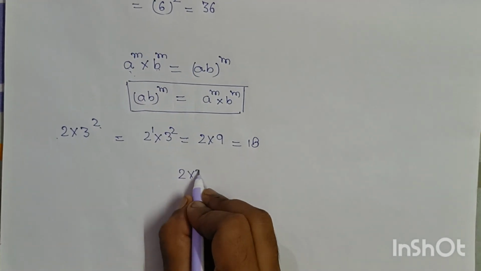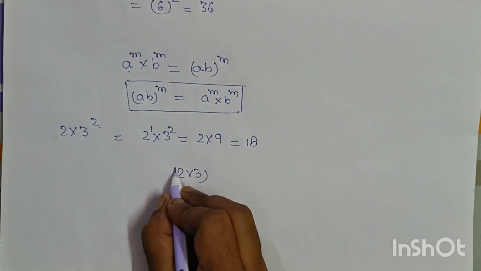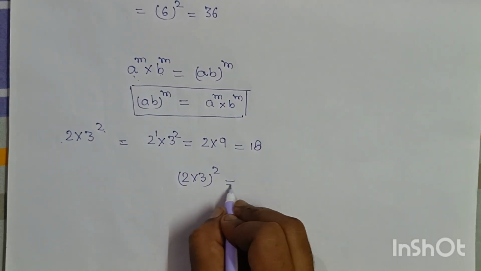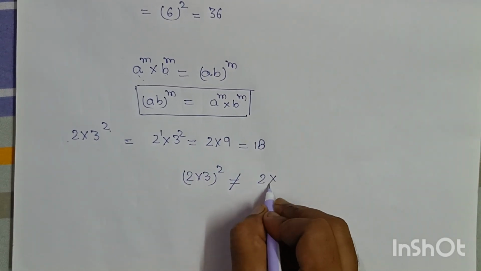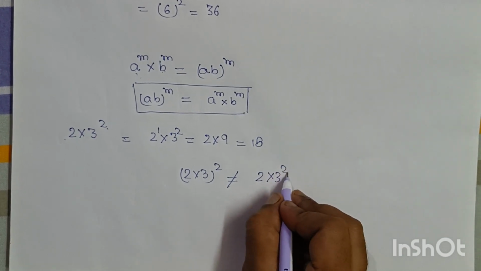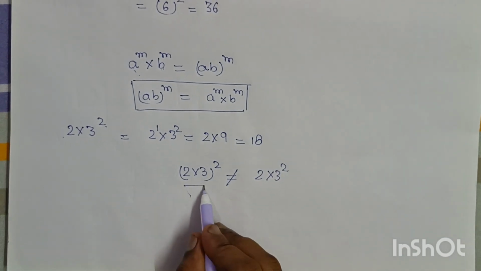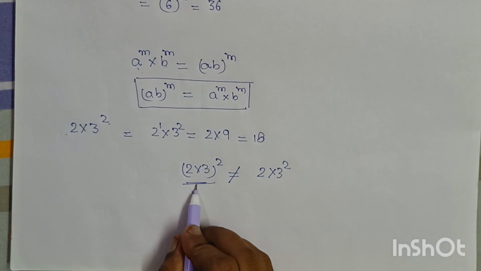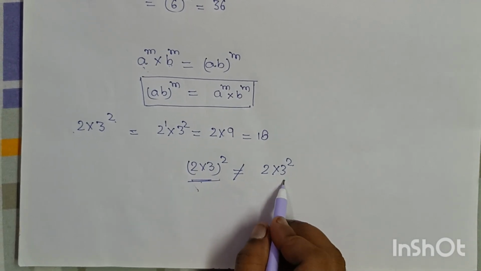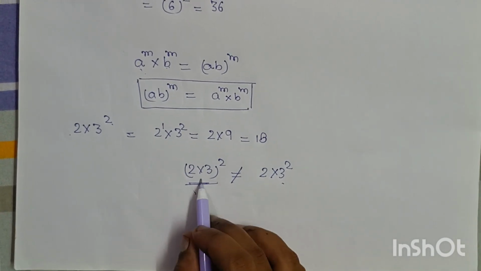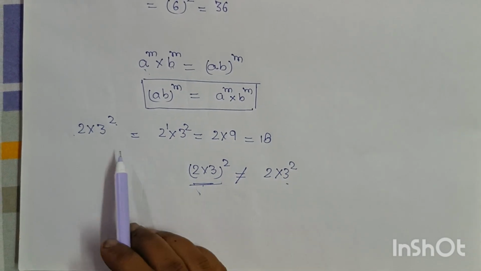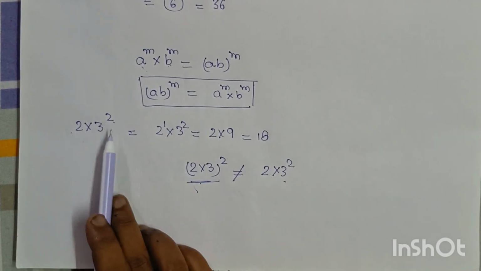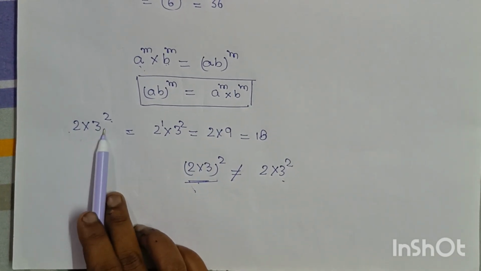We cannot write 2 multiplied by 3 raised to the power 2 as equal to 2 multiplied by 3 whole raised to the power 2, because here this is the application of the law of exponent, whereas there is no such application, so they are not equal to each other. So this expression is a wrong interpretation of the law.